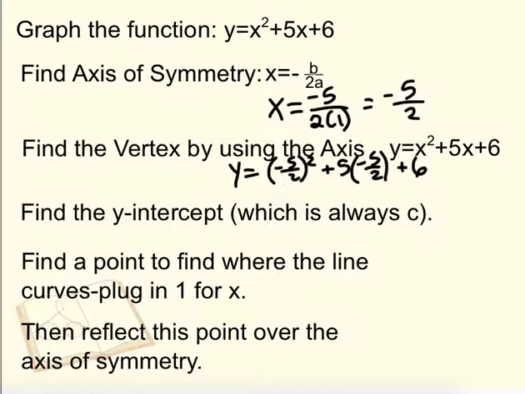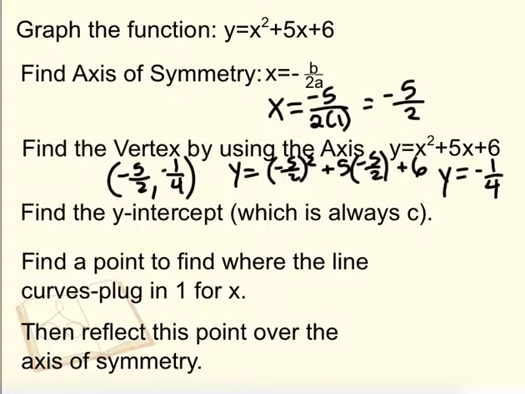Let's try that again. We end up with our y value being a simple negative 1/4, which means that my vertex is going to be here at negative 5/2, comma, negative 1/4.